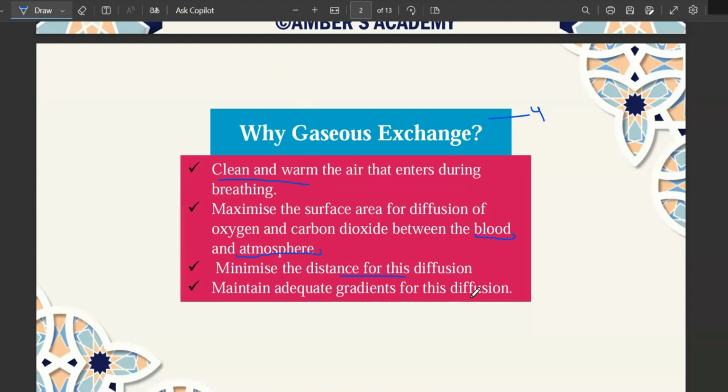These are the factors that influence your diffusion: the distance should be smaller, the surface area should be at a maximum, and the gradient should be steep enough. All these factors contribute to why we need a proper gaseous exchange system.